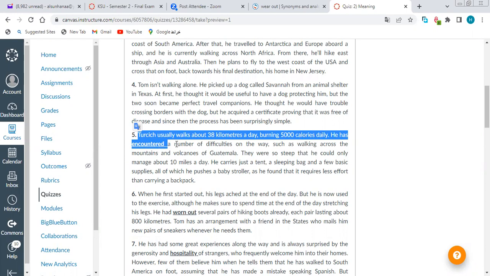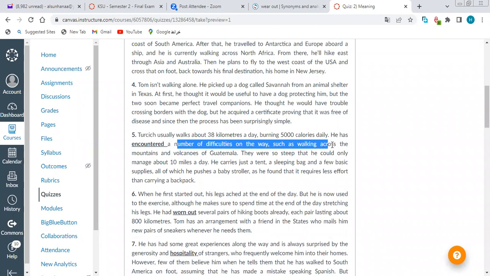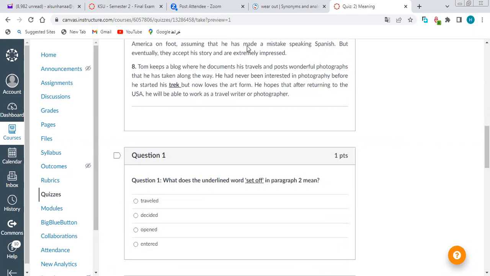He has encountered a number of difficulties on the way, such as walking across the mountains and volcanoes of Guatemala. So encountered here means, okay, Naif.